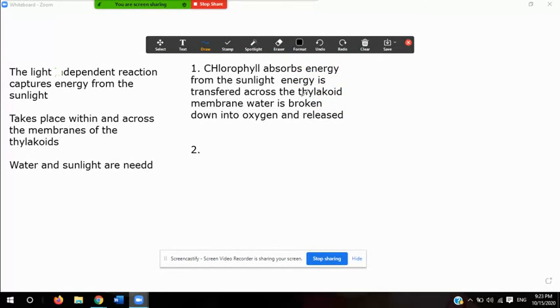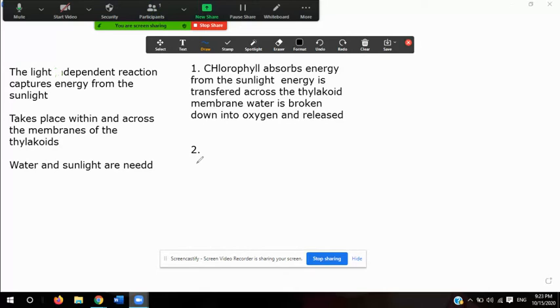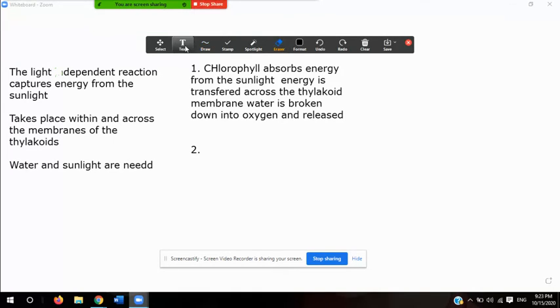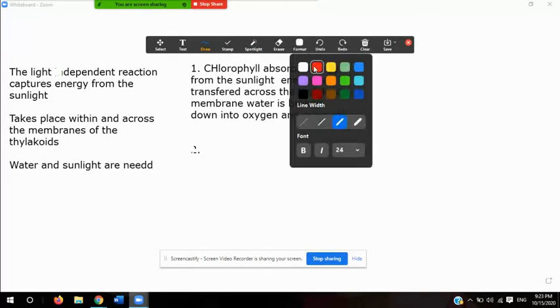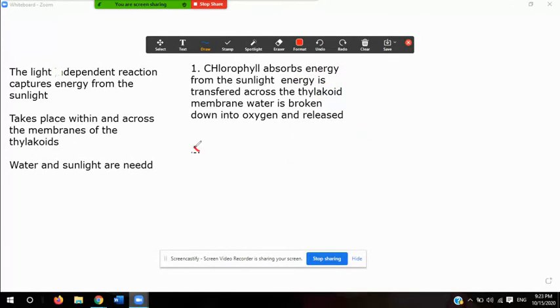The first step is that chlorophyll absorbs. Give me 1 second, guys. I apologize for today's mess of errors. So, as I fix this error, chlorophyll absorbs the energy from the sunlight.